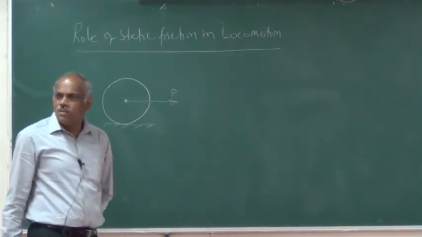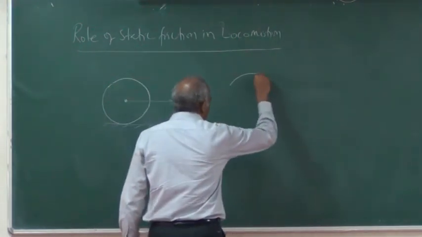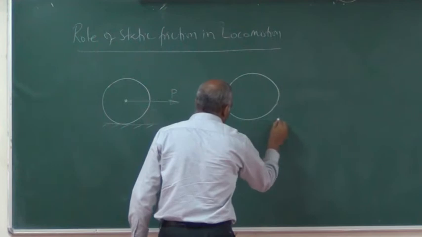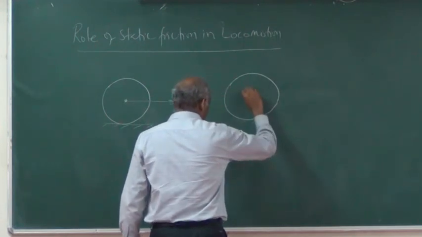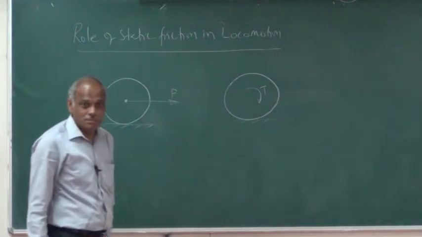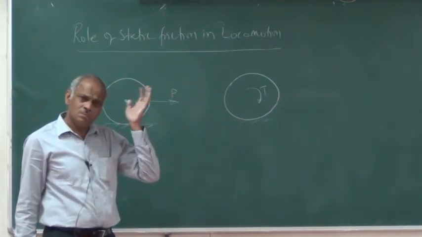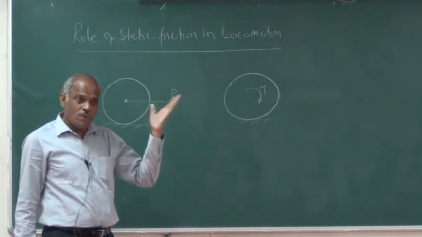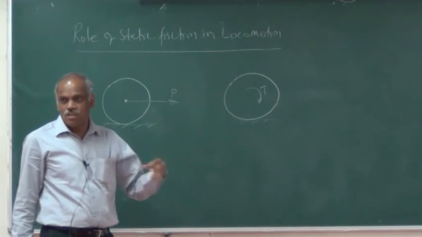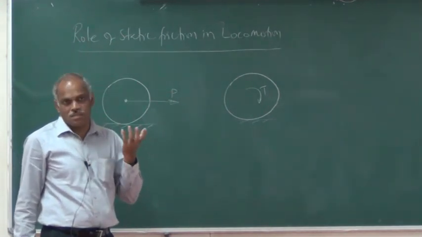There are other situations where the wheel is driven by internal torque. So where do you find them? Where do you find a situation where wheels are driven by an external force, and where wheels are driven by internal torque?